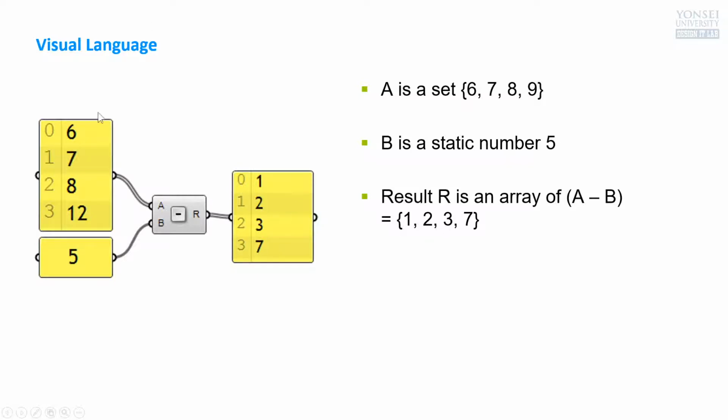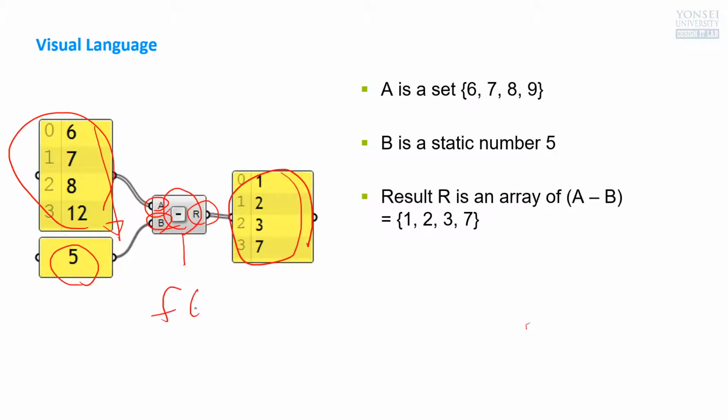So this is the visual representation of this structure, okay? This is input A, right? And this is input B. A is an array of those numbers, and B is the static number 5. Result is also going to be an array, but it has an operation. It's a function, okay?